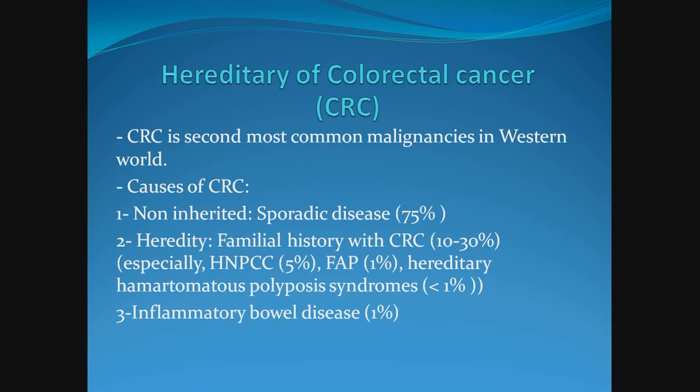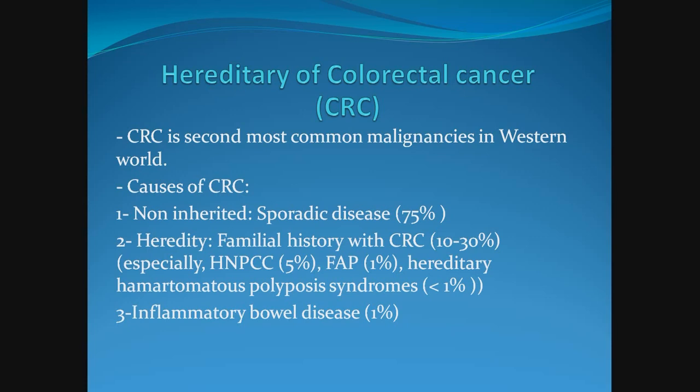The second cause of CRC is heredity, and there are different types of hereditary causes of CRC. For example, familial history. This is for 10 to 30%, especially the type hereditary non-polyposis colorectal cancers, HNPCC.